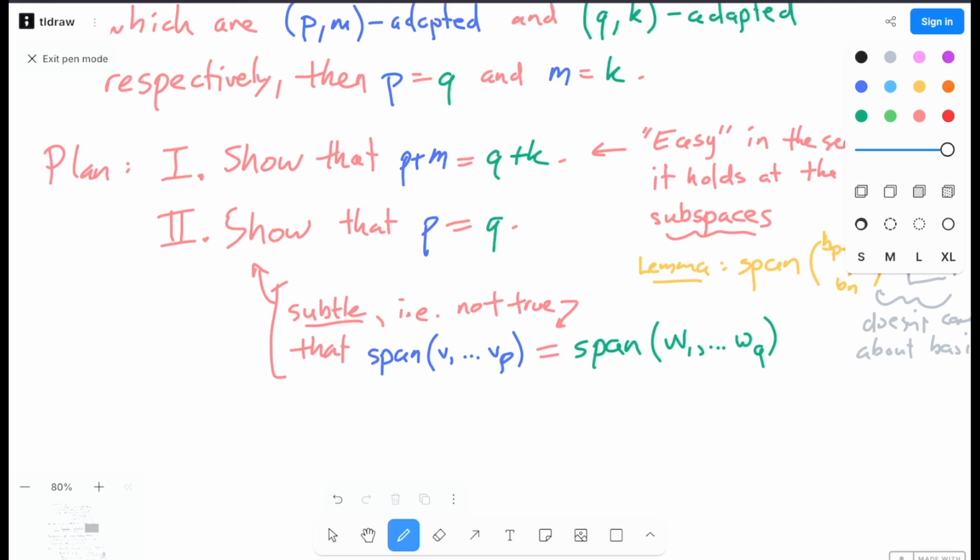Bracket this. Okay, so we're going to show that P is equal to Q, and we're going to do that by showing that P plus n minus Q is at most n.